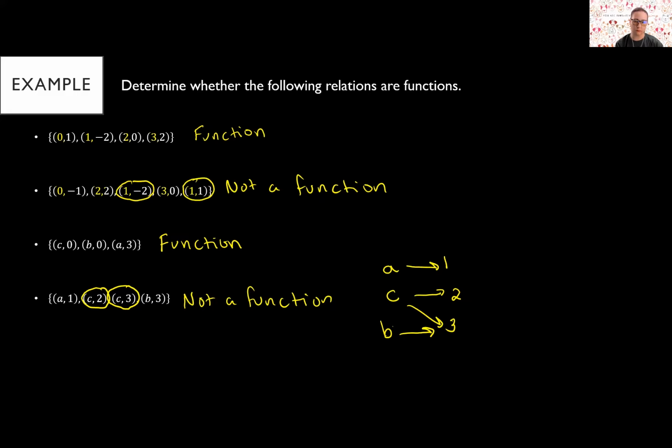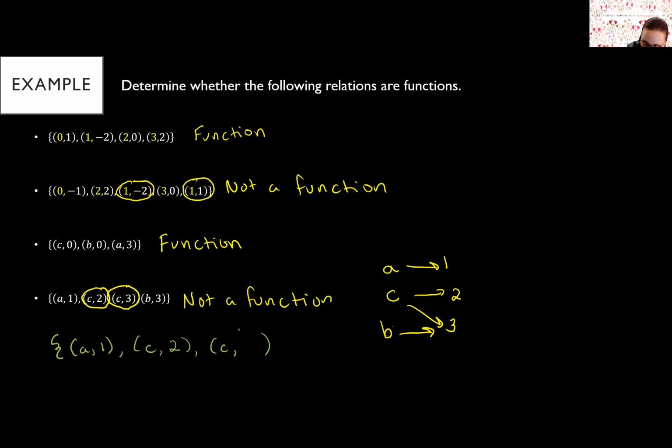So you lightly touched on the fact that sometimes the same numbers could be repeated, say if that was C2, C2, then that would have made it a function versus it being C3. Yes, and usually you won't see it necessarily written that way. You may see something where you've got a set and say we've got A1 and maybe C2, but depending on how these are calculated, you may see it written differently.